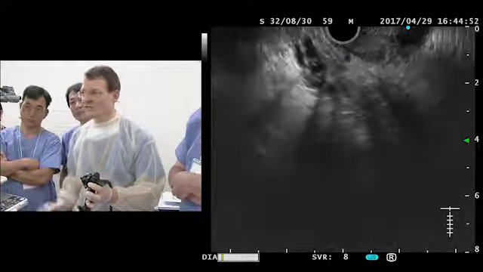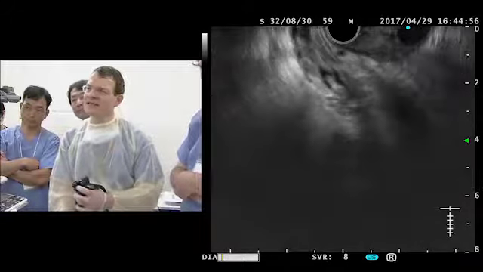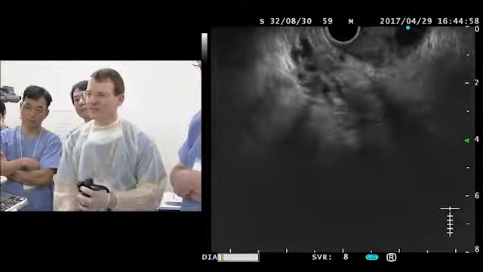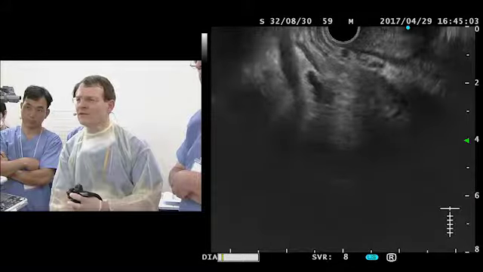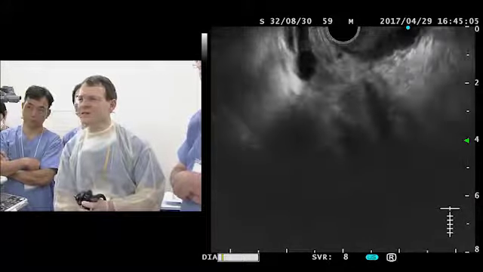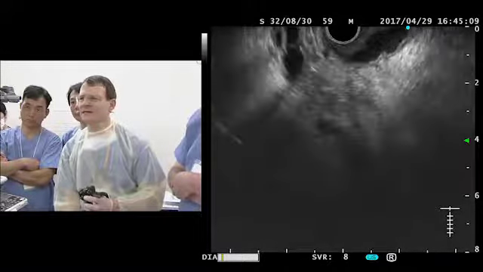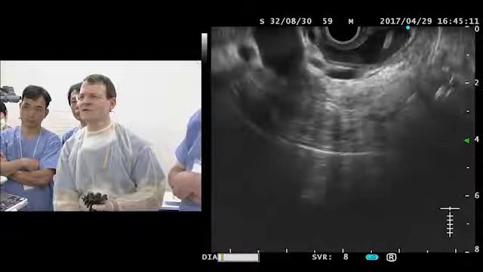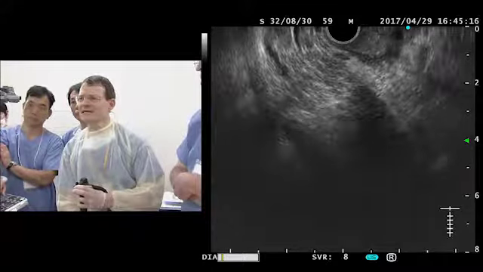And we have observed this lesion now here. We would say these are several side branches, because when I torque the scope here and I move a little bit to the side, then we can see nicely here the pancreatic duct, and we saw a nice connection to the duct in this area.